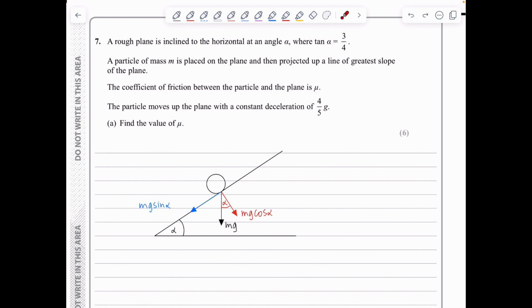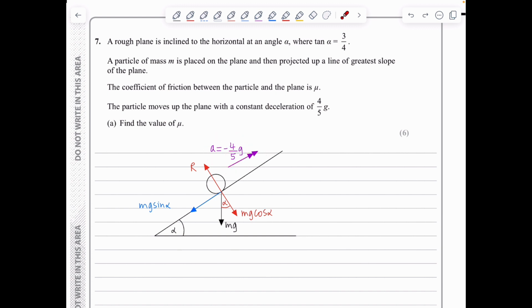Obviously, we've got a reaction, which I call R, and we are told that the particle is projected up the plane, so it's moving up the plane with a constant deceleration of 4 over 5 g. So I'm putting my arrows pointing upwards, and the acceleration is negative, so it's decreasing speed.